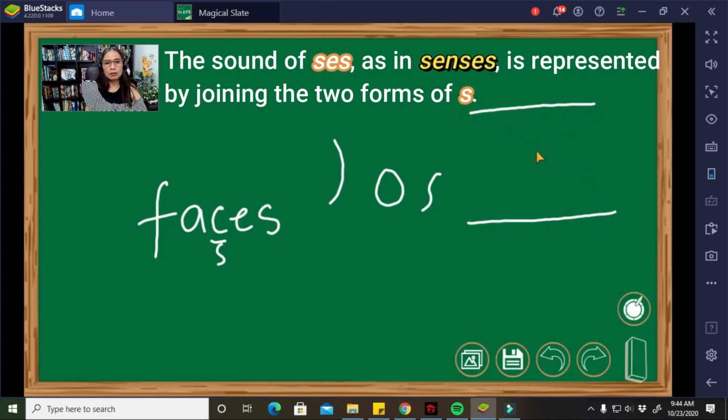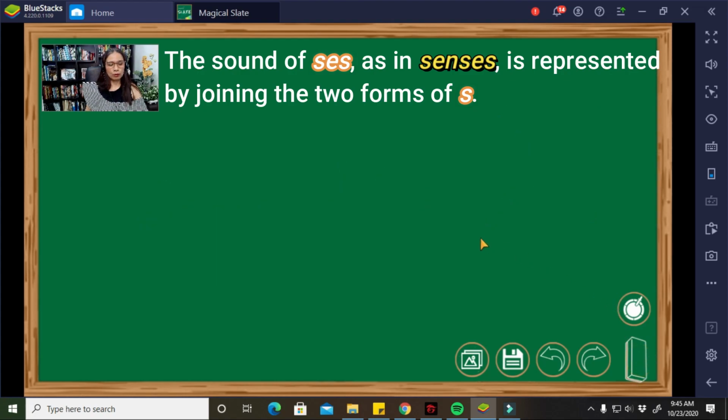All the symbols there. We have the F, and then a big circle, and a downward, and then SES. Okay. So this is faces. Alright. Next example. We do have the word places.